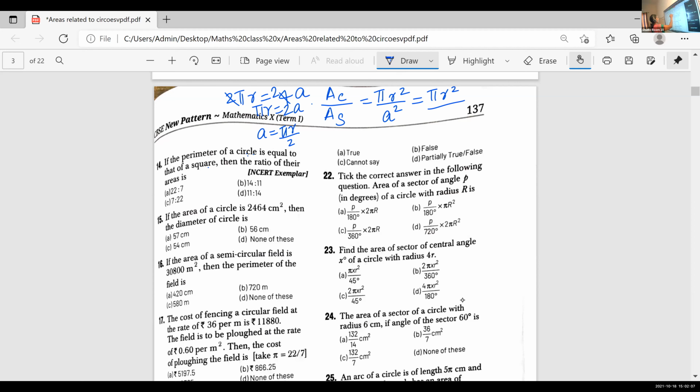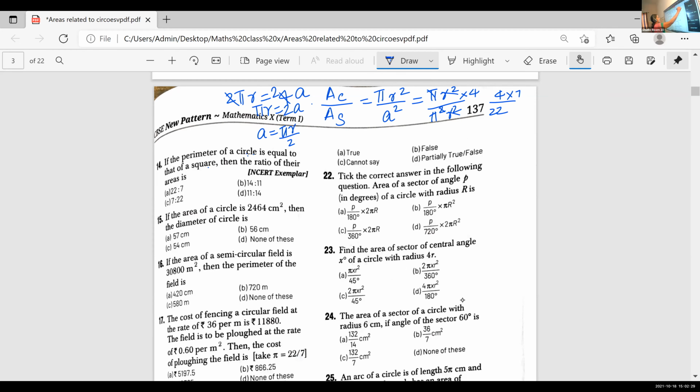Pi r square by area of the square, which is a square. So we'll get pi square r square by 4. The 4 will go to the numerator. One pi will get cancelled, r will get cancelled. So 4 by pi value, which is 22 by 7, isn't it? 7 will go to the numerator.